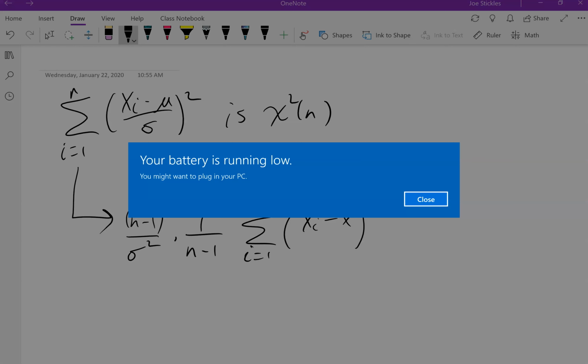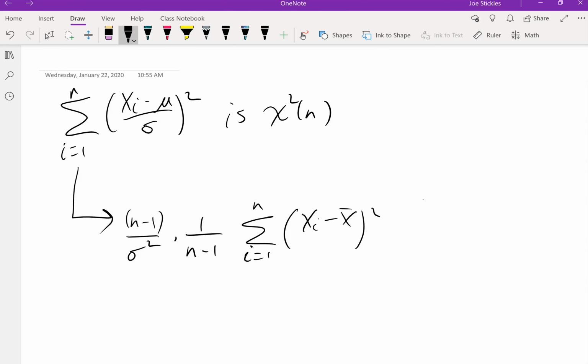No, why is it running low? It was plugged in all last period. You might want to plug in your PC. What if I wanted to run out of battery? Did you ever think about that? Did you ever think about that, Microsoft? That's right.